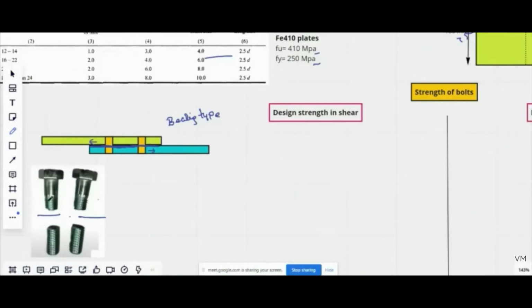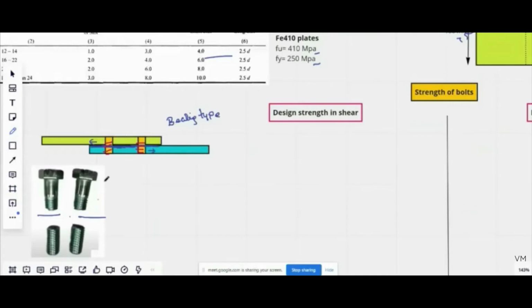We need to see whether the shear surface in this case is intercepting the threaded portion. My assumption is that the shear surface in this case is intersecting the threaded portion.